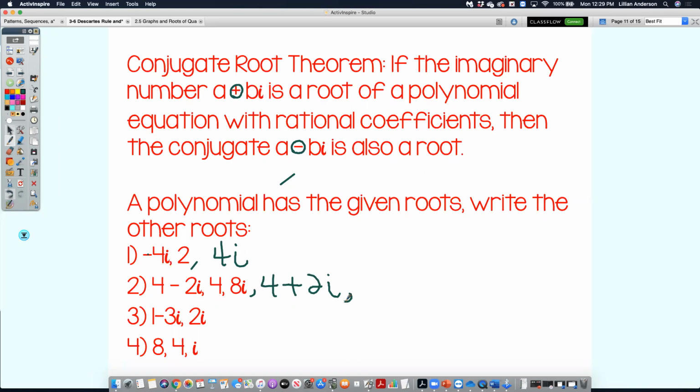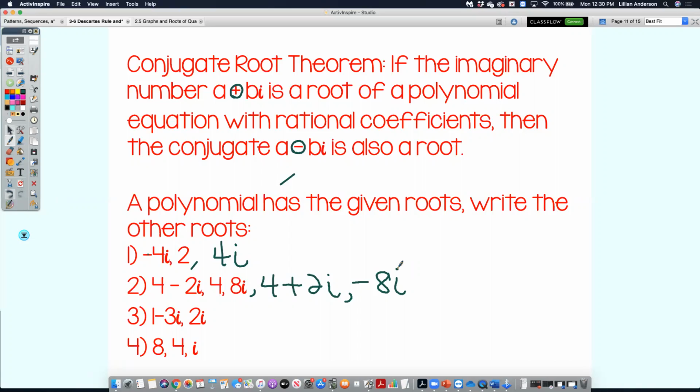But 8i, negative 8i would be its other root, because again, they come in pairs. So number 2 is not a polynomial with a 3rd degree, a cubic. It's actually a quintic because it actually has 5 roots, 5 zeros. Only one of them is real though.